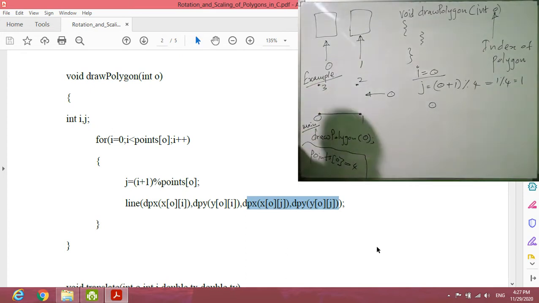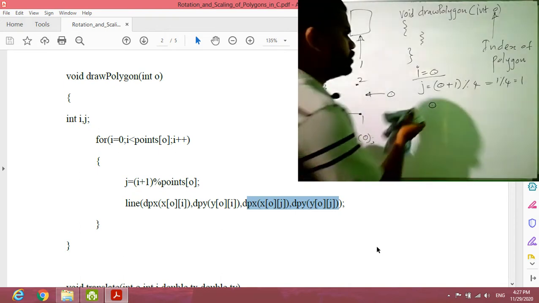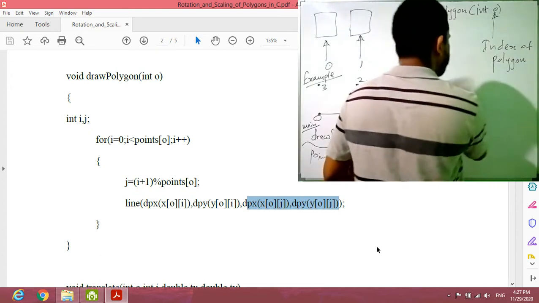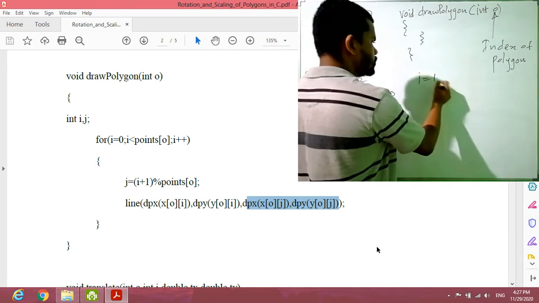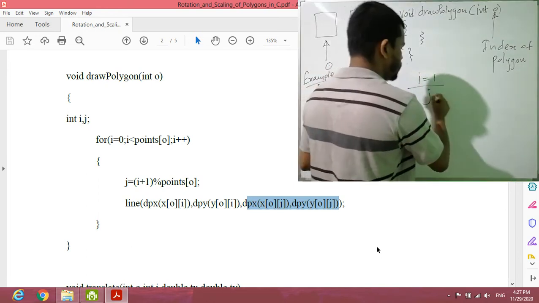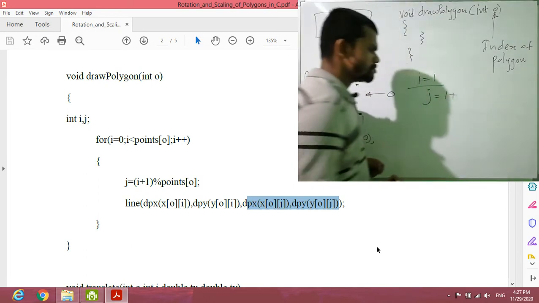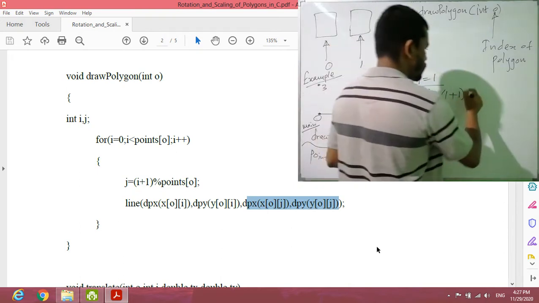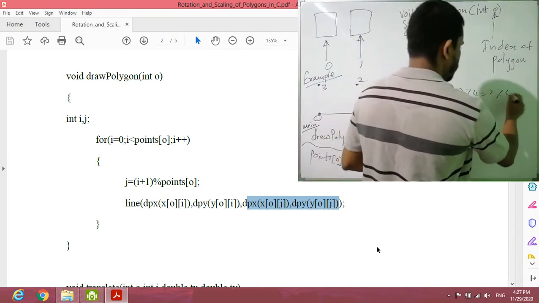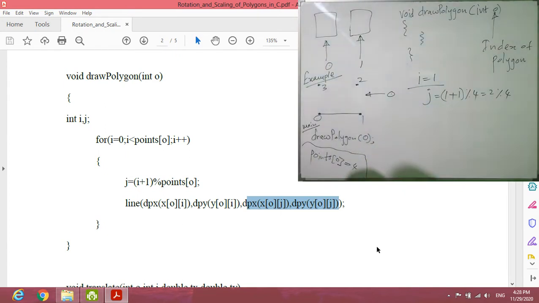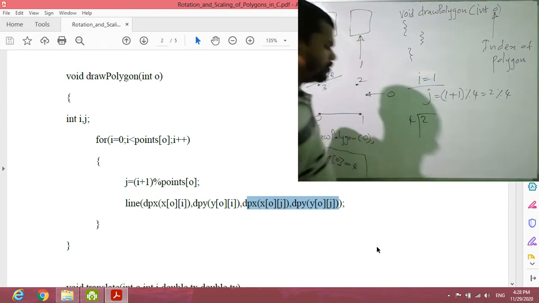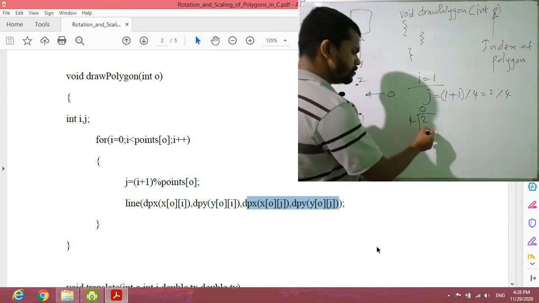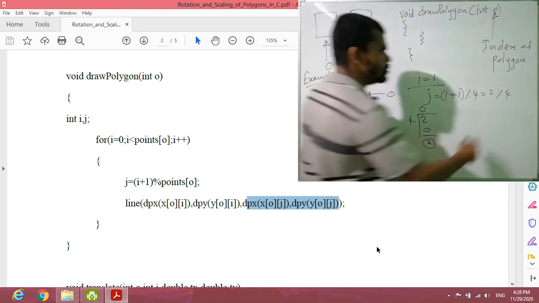We draw this particular line segment, and then in the loop we come to the next one, i equals 1. There j equals 1 plus 1 modulo 4, that is 2 modulo 4. 2 modulo 4 means if you divide 2 by 4, the quotient is 0 and the remainder is 2.